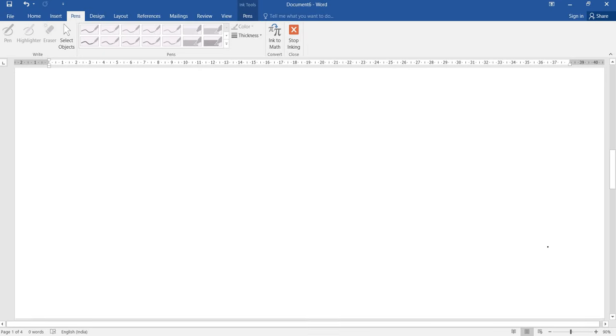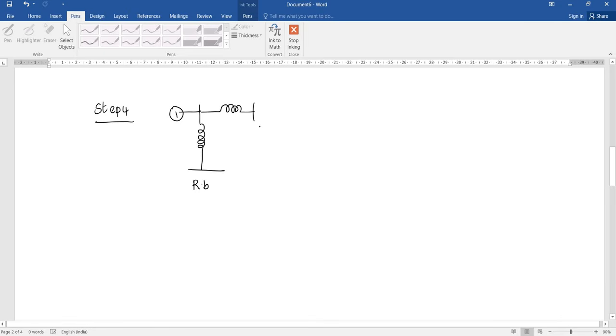Next, step number 4. In step number 4, first bus number 1 is connected to the reference bus. Then bus number 1 is connected to bus 3, and it is again connected to bus 2.